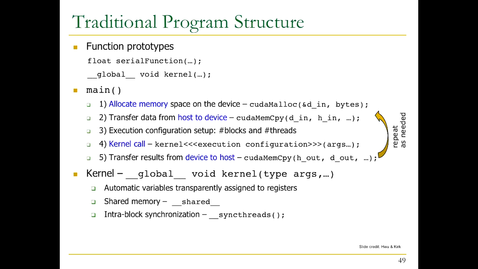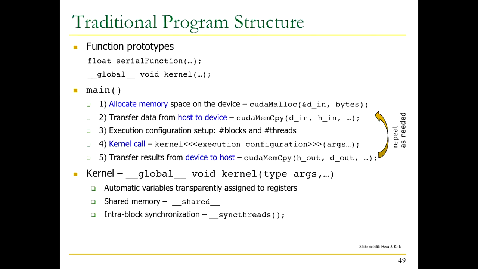Or if there's a shared memory access, I mean, if the synchronization you want to do is within your thread block, you don't need to terminate the kernel. You can use this instruction, sync threads. This sync threads is intra-block synchronization.